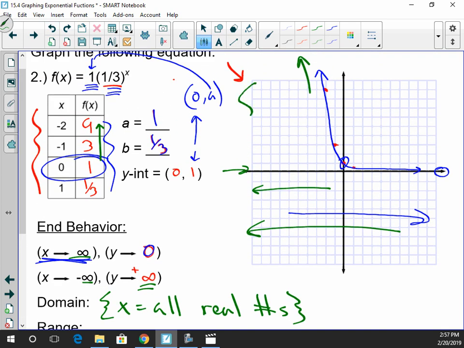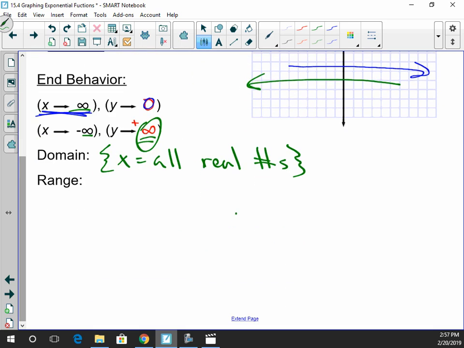What are my y values, right? These are my possible y values. So the lowest y value, again, is that 0. It never actually gets to 0, but it gets really close to 0. My highest y value, well, we said y goes to positive infinity, right? So my range is y is greater than 0.